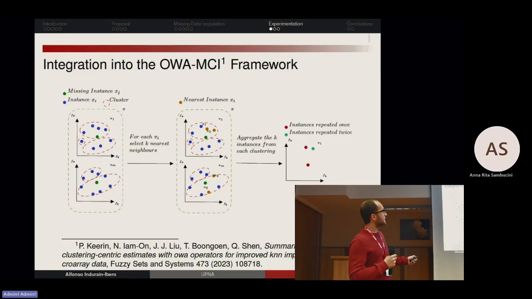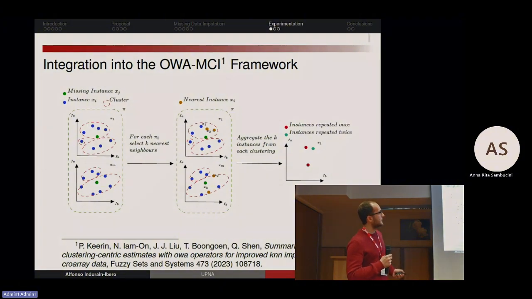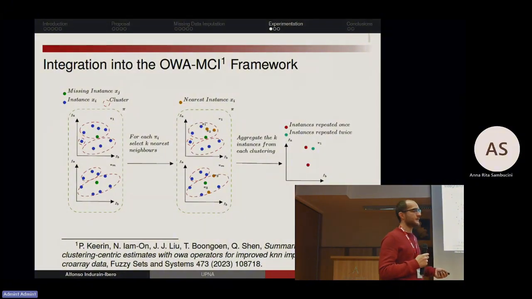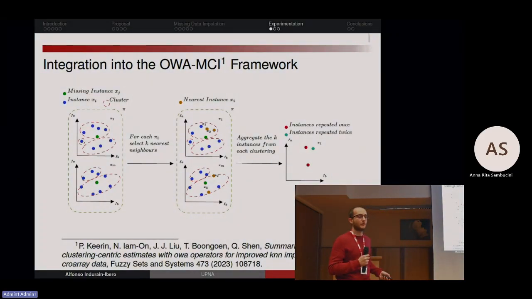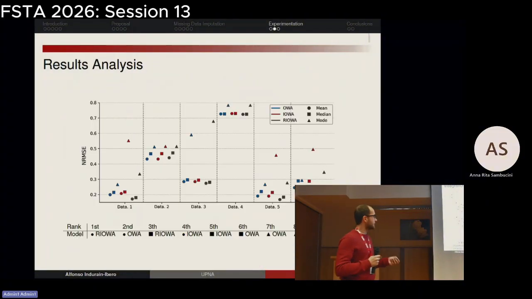By doing the several clusterings, we can arrive at several points that are close to the one that I'm trying to recover. Given these points, the original authors decided to aggregate them using the OWA operator. So for us, it is perfect that at this point we work with the restricted OWA operator instead of OWA and compare the results with the ones obtained in the original article.